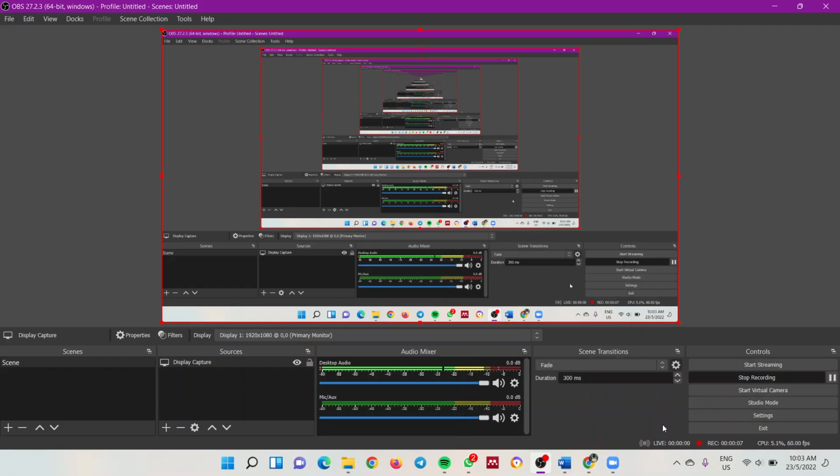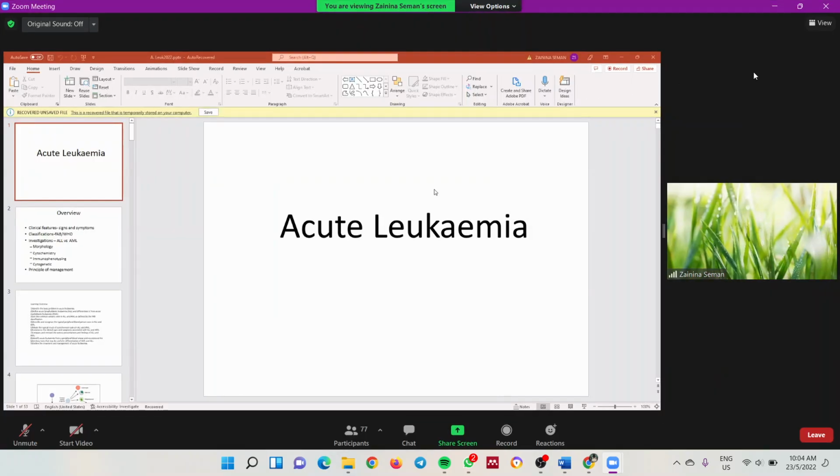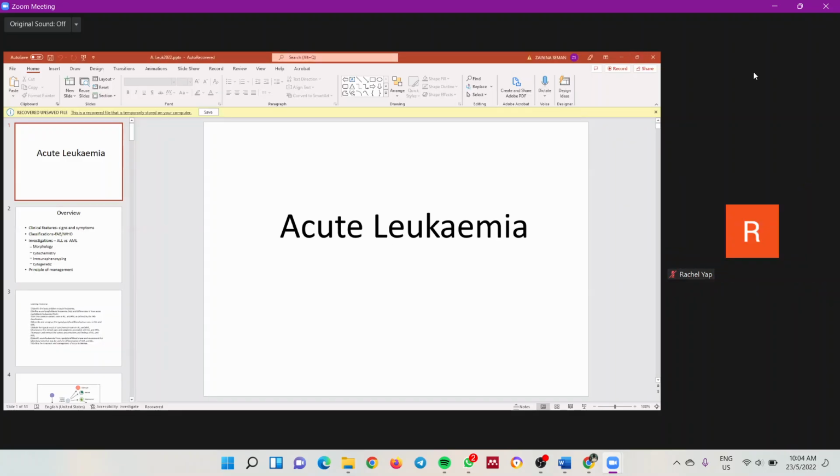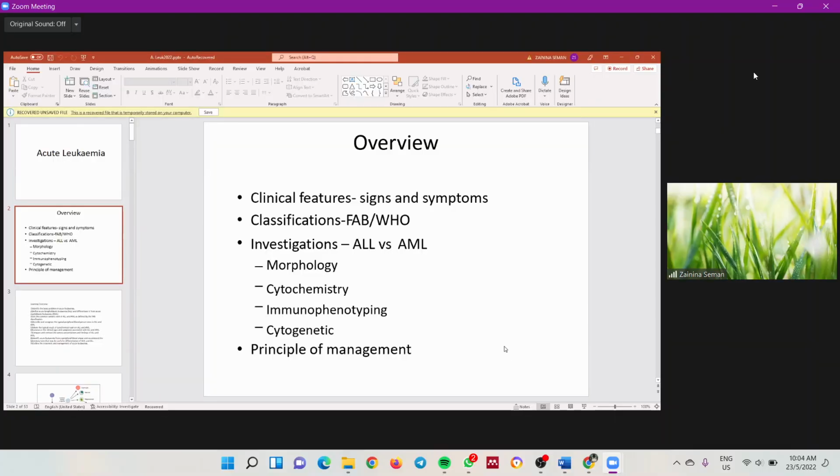Okay, good morning. Assalamualaikum. This morning we move on to the acute leukemia topic. As you have received my lecture notes, we're going to cover the clinical features, consisting of the signs and symptoms of how an acute leukemia patient will present to you.